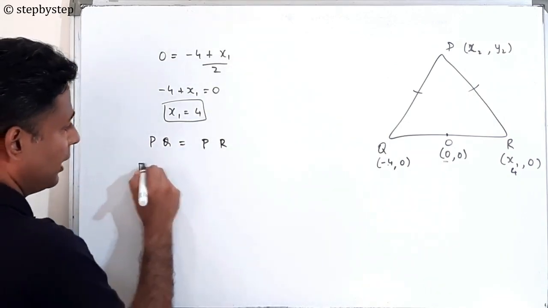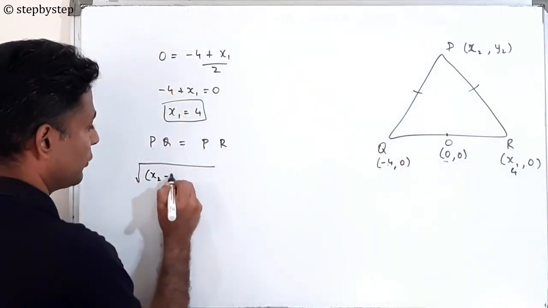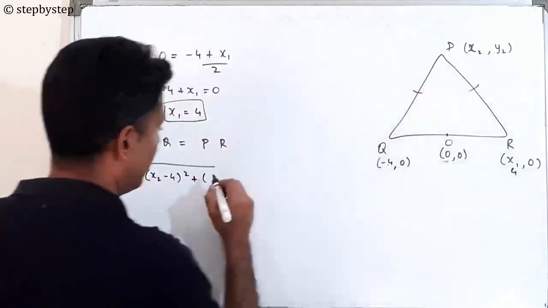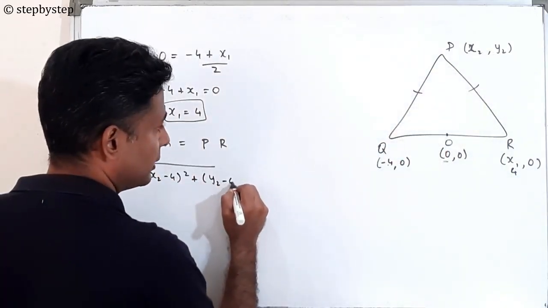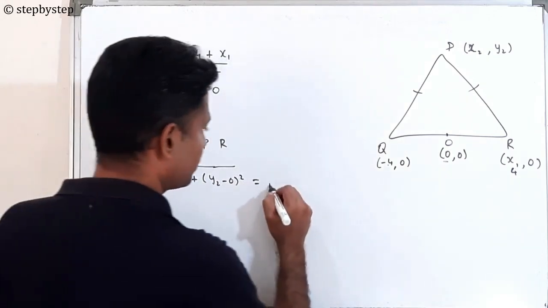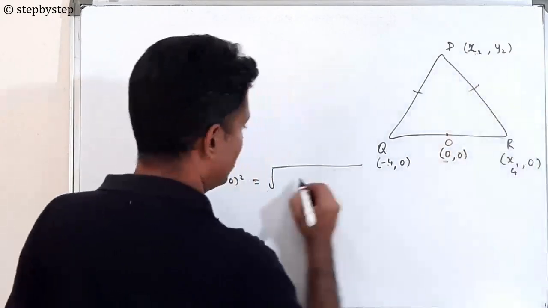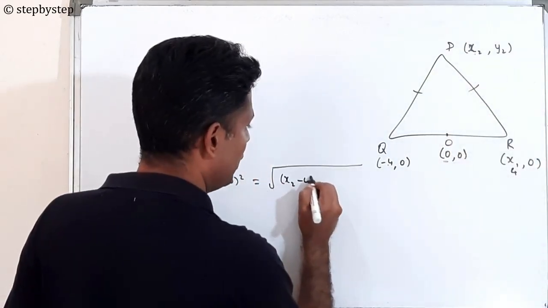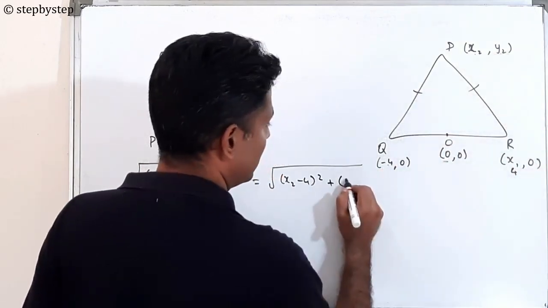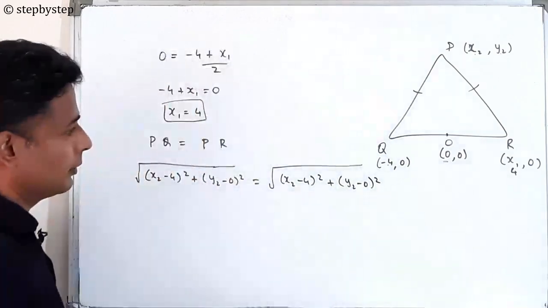Applying the distance formula, root of (x2 minus x1, that is x2 minus 4) whole square, plus (y2 minus y1, that is y2 minus 0) whole square, will be equal to root of (x2 minus x1) whole square plus (y2 minus y1) whole square.